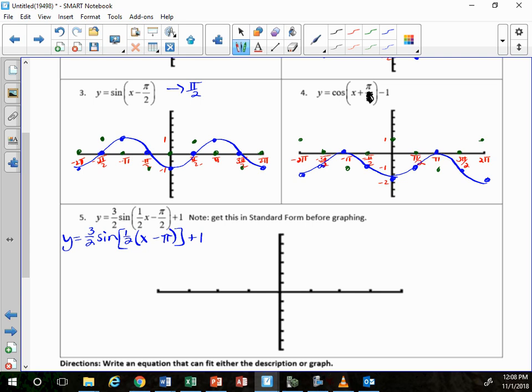Now I want you guys to try this out. You've got to relabel. You've got a vertical stretch, a phase shift, and a vertical shift. A little bit of everything. And practice.